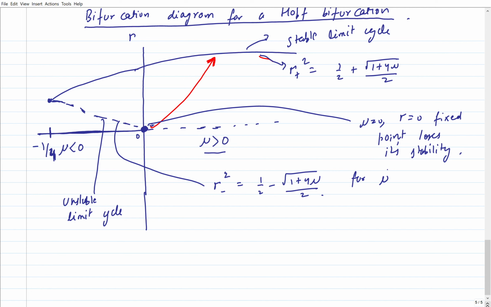For mu greater than 0, only the distant limit cycle, this guy, is the stable attractor.